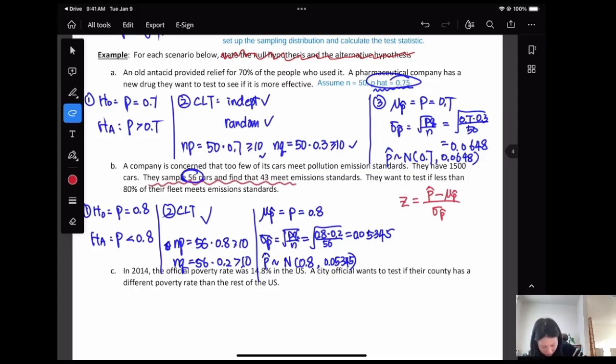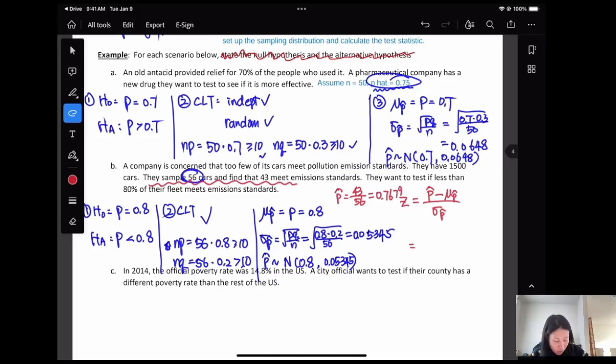So the proportion right now is 14.3 cars out of 56 cars that meet the emission standard. So that means our p hat is equal to 14.3 divided by 56. In this case, 14.3 divided by 56 is 0.7679. That is going to be our p hat.